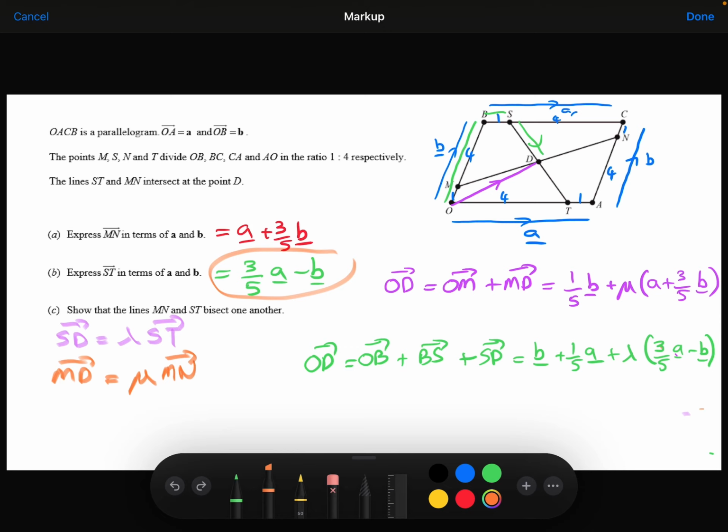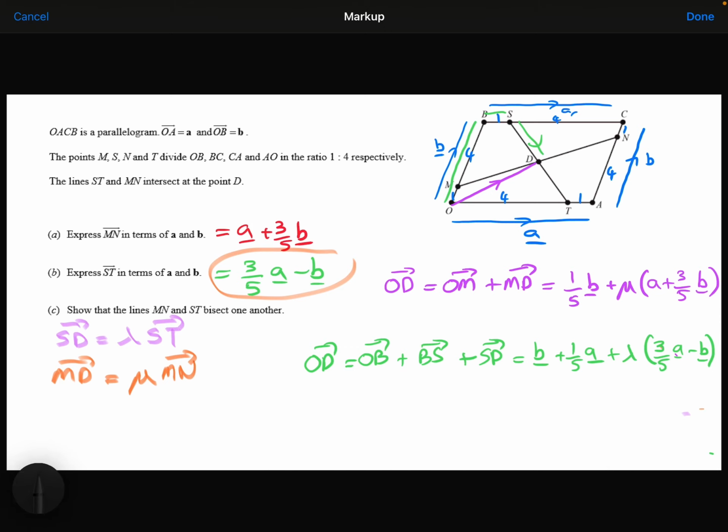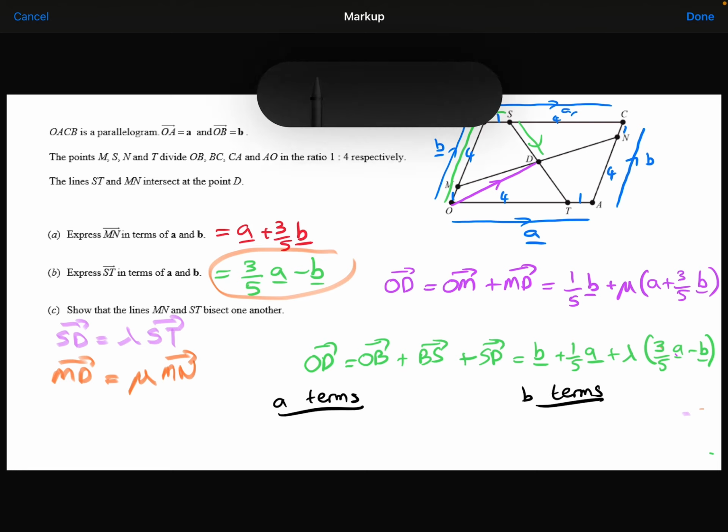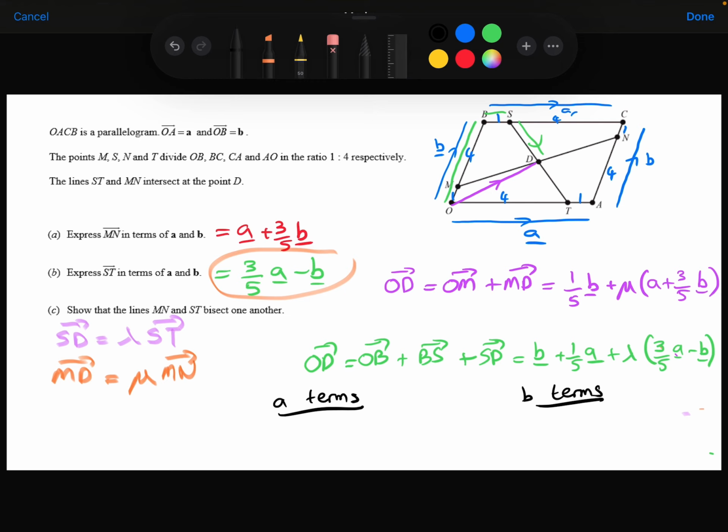We're going to focus first on the A terms. Then we'll focus on the B terms afterwards. So the A terms for the first expression, we would have mu times A. For the second expression, we've got the 1/5 A here and a lambda times 3/5 A here.